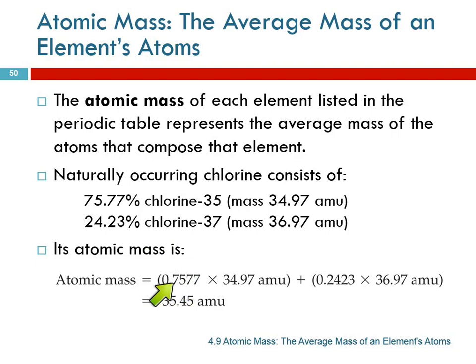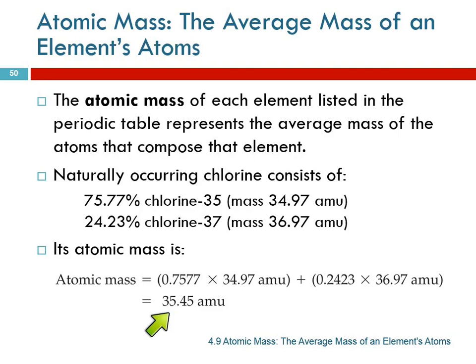This fraction here is just the percent divided by 100. So 0.7577 of them are the 34.97 atomic mass units. So we take the fraction, we multiply by the mass of that individual isotope. And then we take the other fraction and multiply by the mass of the other isotope, and we just add them together. There's no dividing, and we get the average mass.